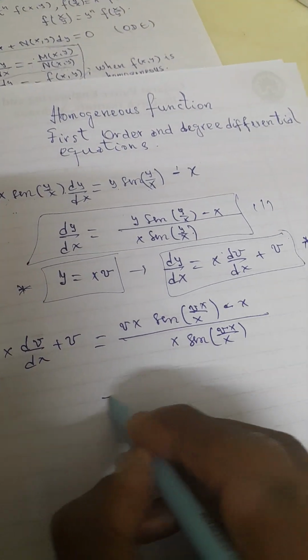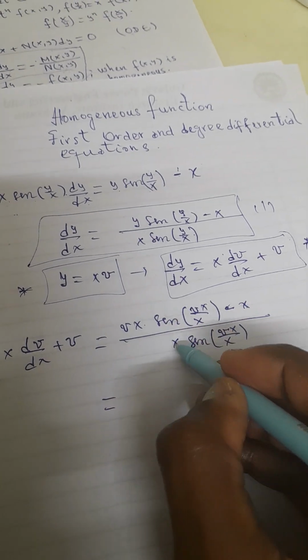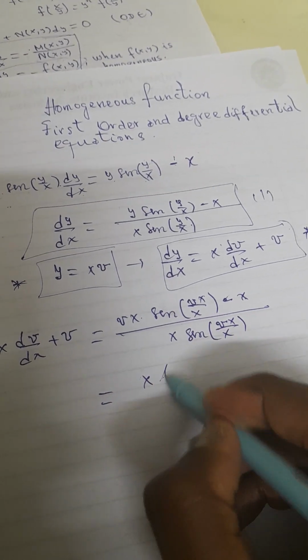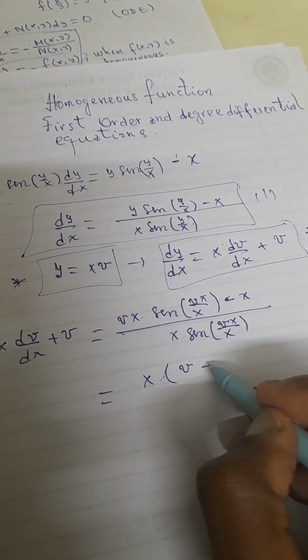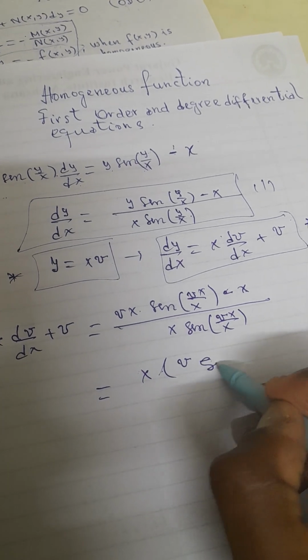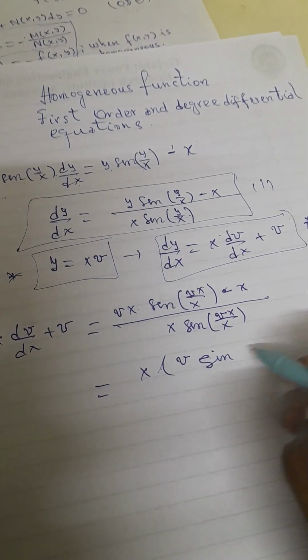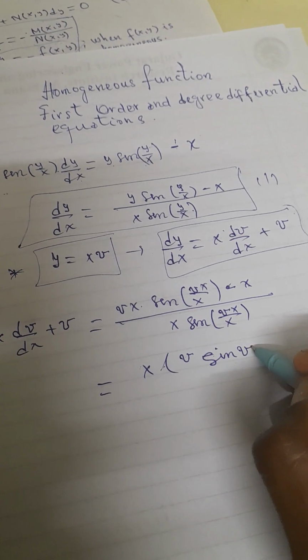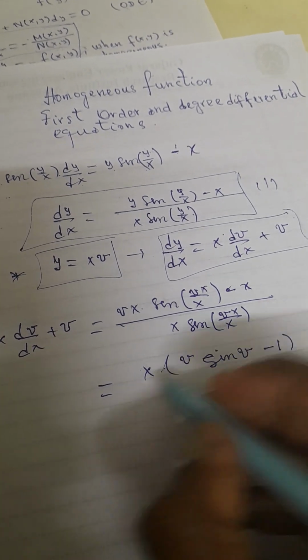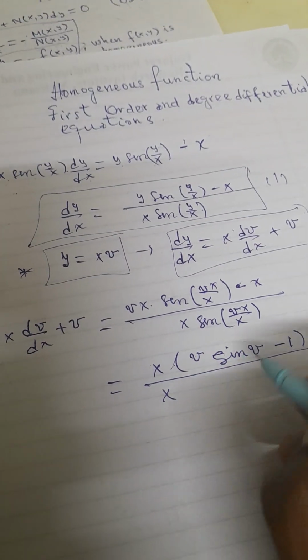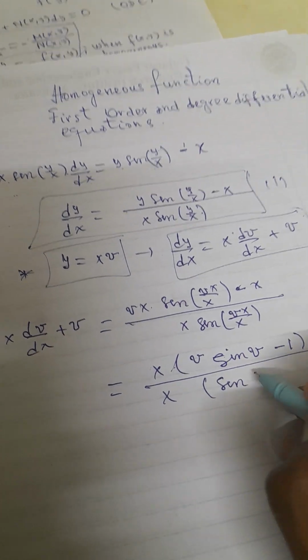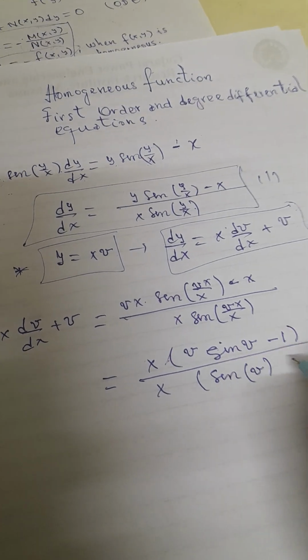Is that okay? So if you see, this x can be taken as a common factor. This will be v sin of v minus 1 all upon x, and here sin of v.